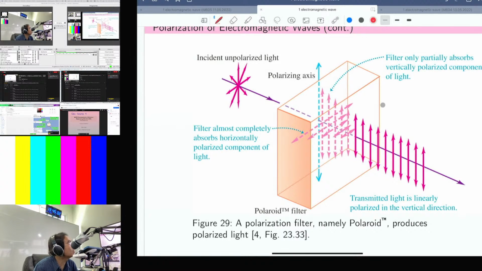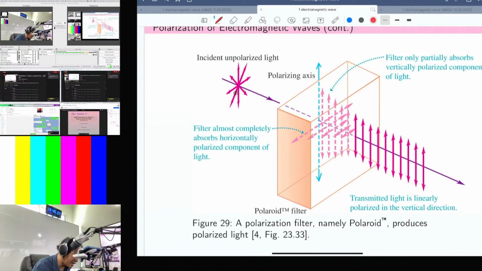14:10, right? Okay, and here is the Polaroid filter. It will allow the electromagnetic wave, the light, that has the polarization axis in this orientation, called the vertical polarizing axis, only.